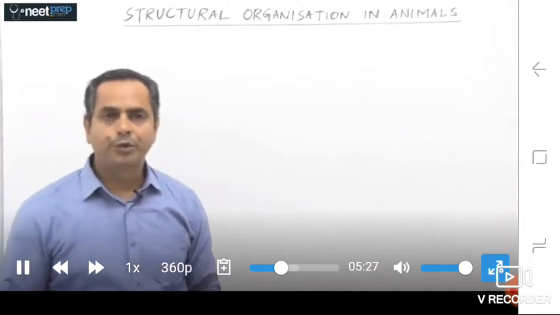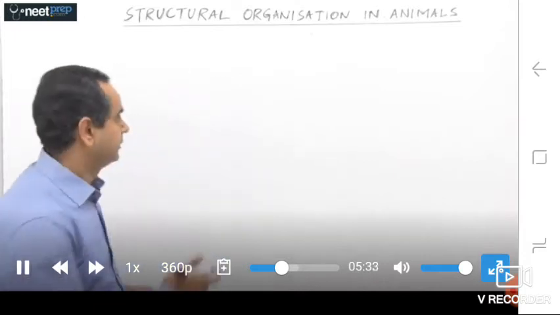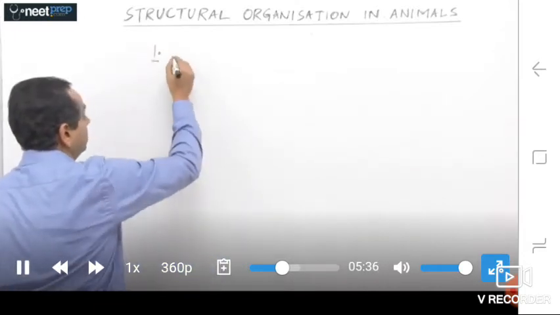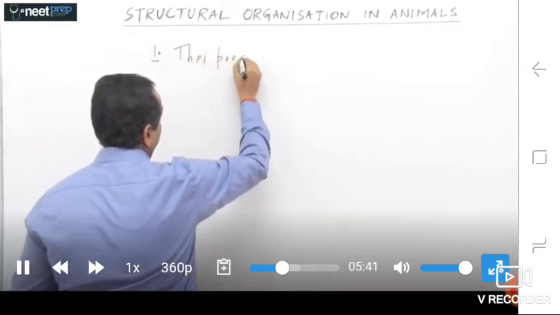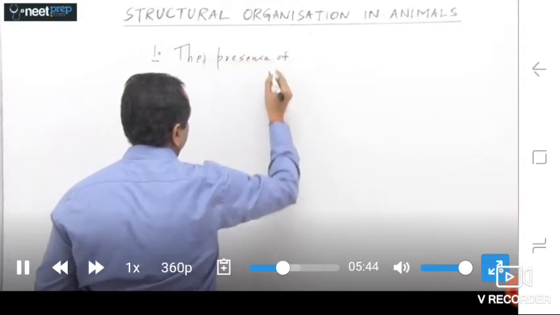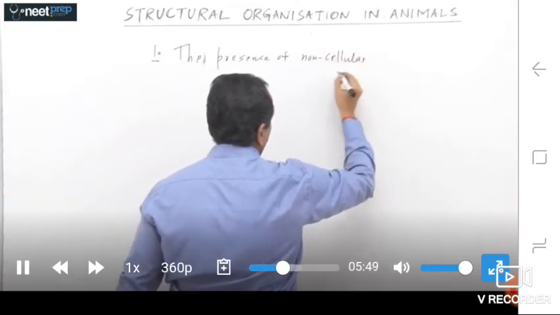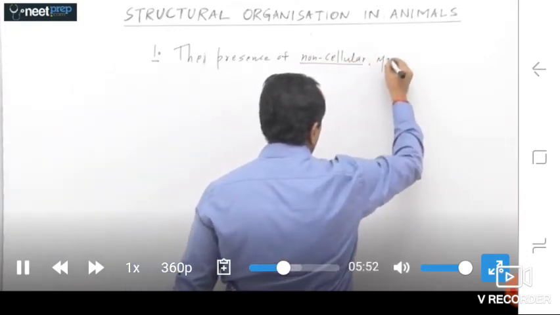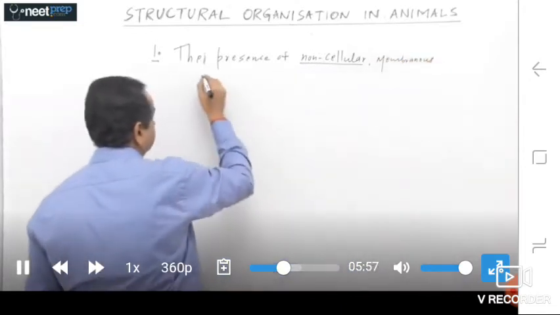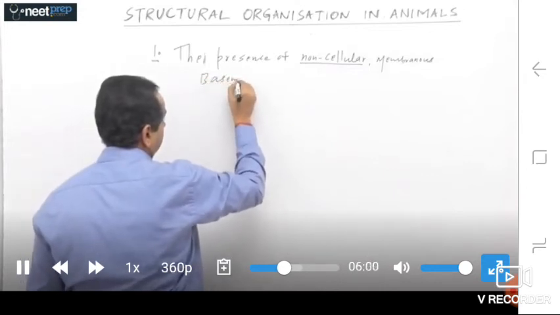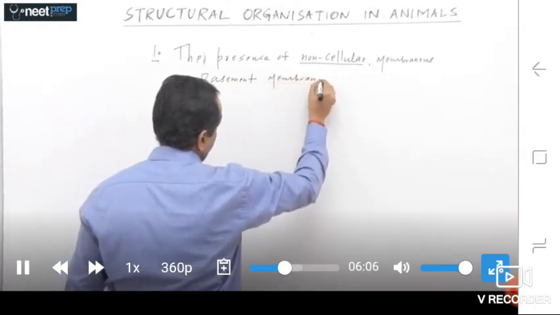So the most common general characteristic of simple and compound epithelia, the first one, is the presence of a non-cellular, membranous basement membrane.